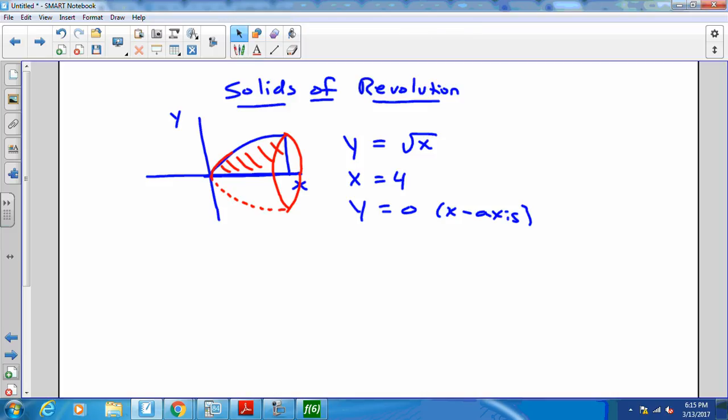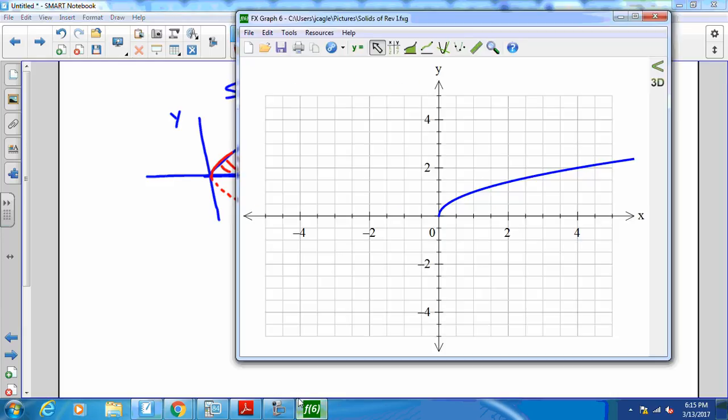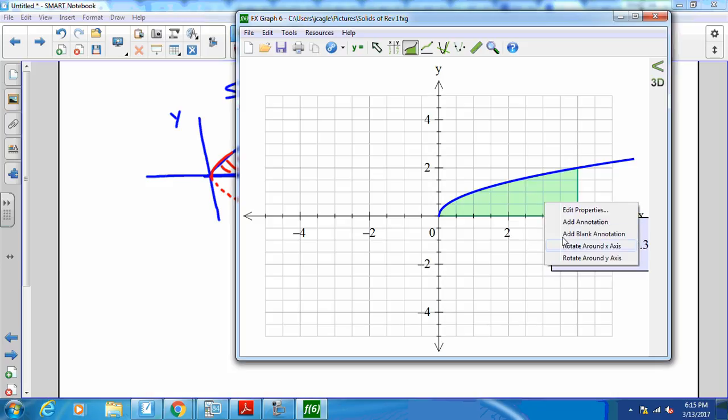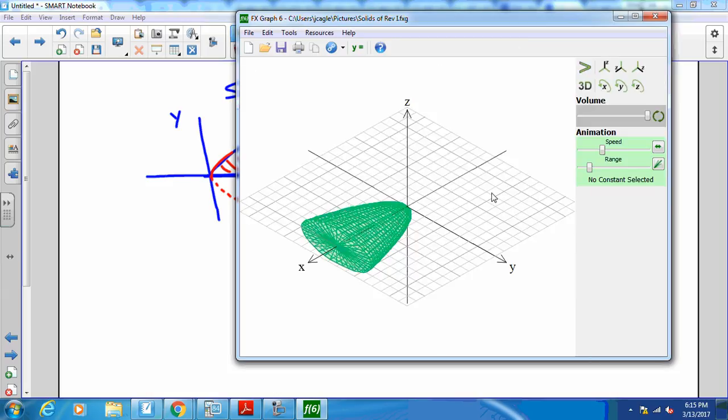In fact, I can get the computer to illustrate this better than I can. I have exactly that curve here in f of x, and I can let this region be defined as the region from x equals 0 to x equals 4. And if I now take this region and tell the computer to rotate around the x-axis right here, then it will give me a lovely solid.